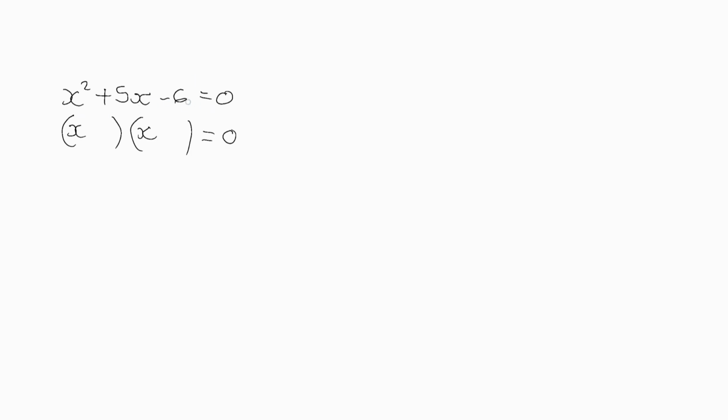Then the next thing is to find factors of 6. So factors of 6 we have 1 and 6, also 2 and 3. Now we have to pick a pair, and with that pair, when multiplied, it has to give us an answer of -6, but also give us an answer of +5 when we add the two numbers of that pair.